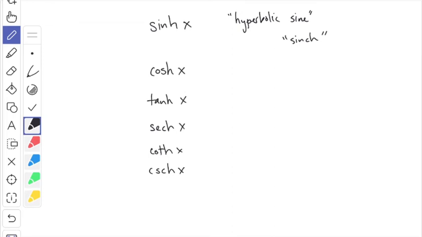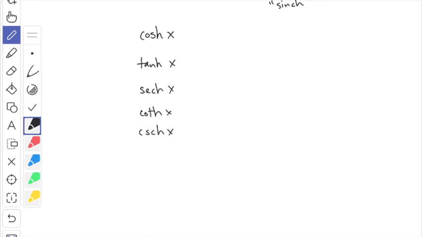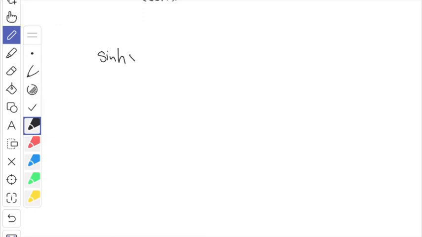Anyway, let's just talk about the definition for sinch and cosh. We're mostly going to focus on sinch and cosh. Here's the definition for sinch. It is e to the x minus e to the minus x, over 2. So one immediately nice thing about sinch as opposed to the sine function is sinch just has a formula, and if you want to know what the sinch of something is, you just plug it into the formula.